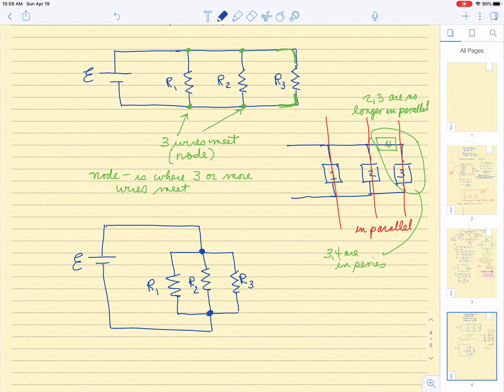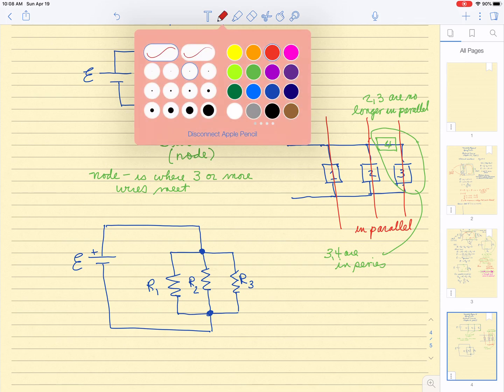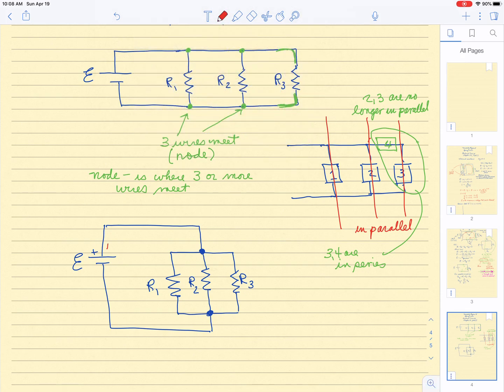So what will happen here in this circuit, unlike in series, is that the current established, and I'm going to call this I total, splits up into three currents.